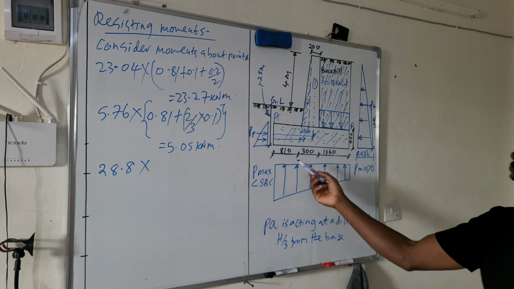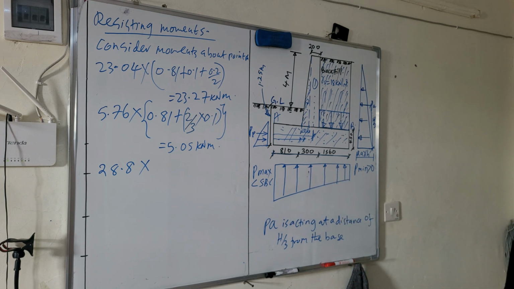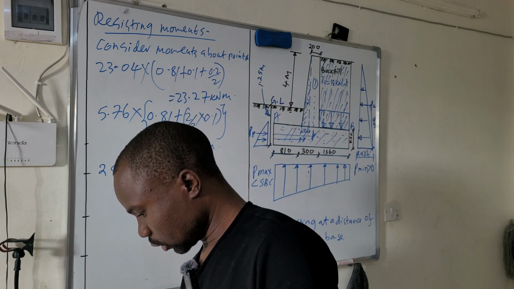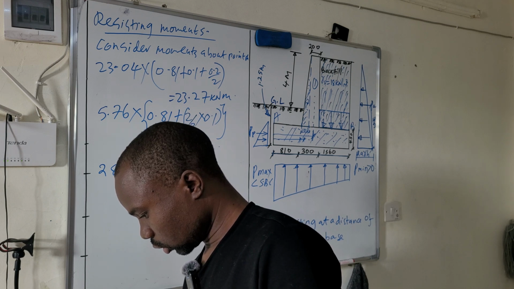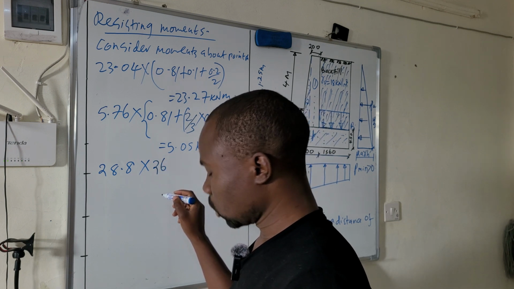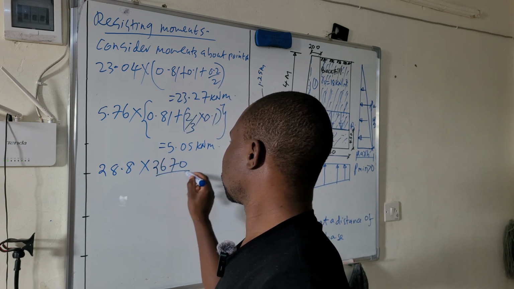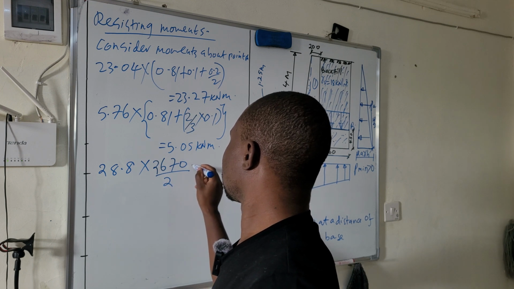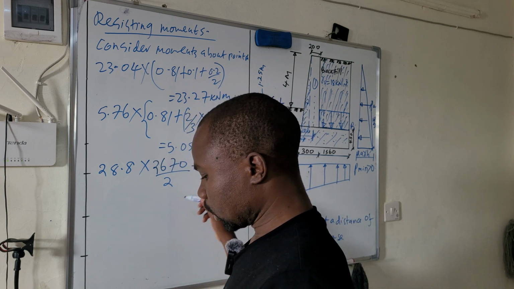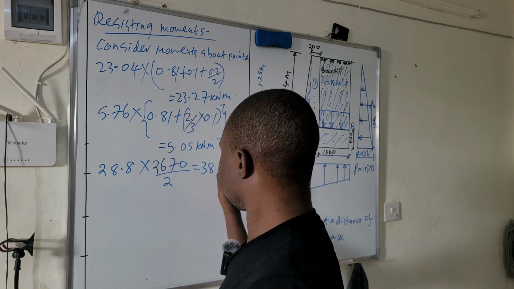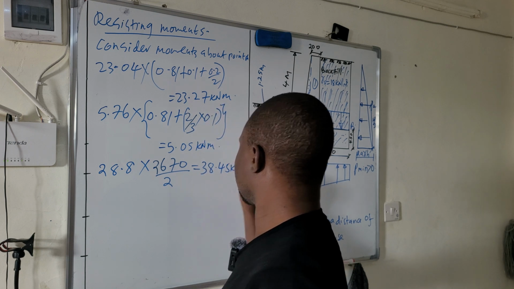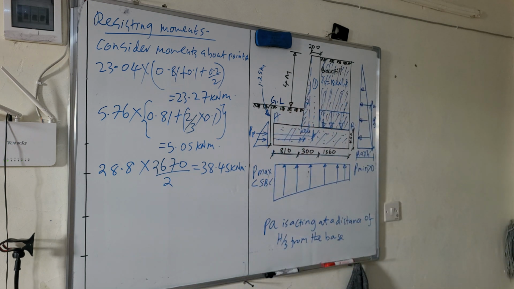So you'll add 810 plus 300 plus 1560, which is 2160. So that is 2160. No, 2670. Then you divide by 2. So the answer will be 38.45 kilonewton meter.